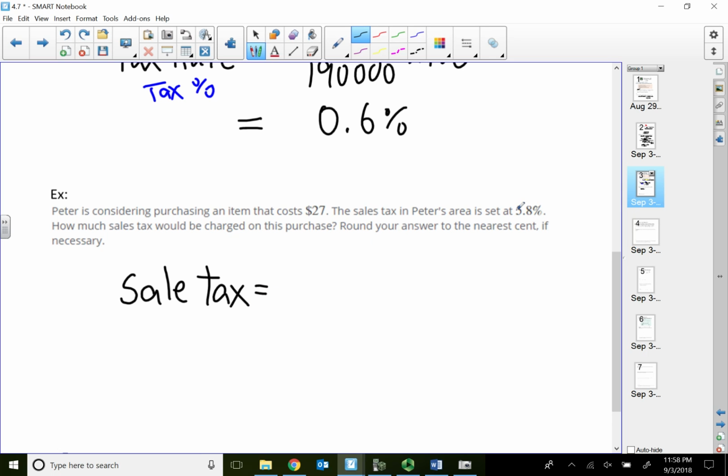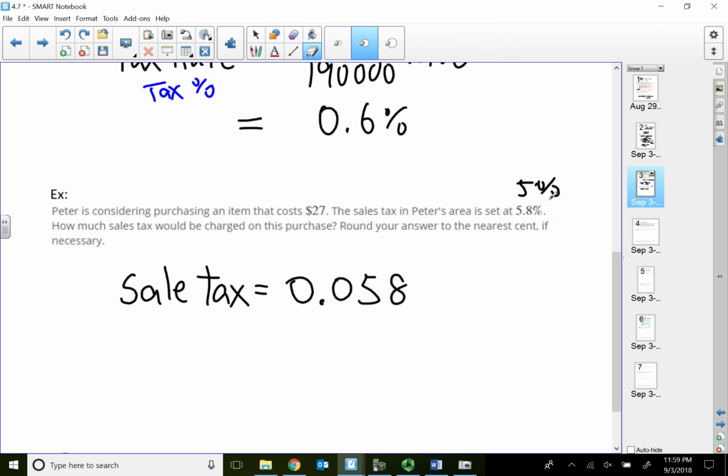So part equals percent times the whole. 5.8% is 0.058, right? If it is 5%, move the decimal to the left 2 places, 0.05. 5.8% means just attach an 8 behind the 5. So that would be 0.058 times the purchase price, the whole, 27.